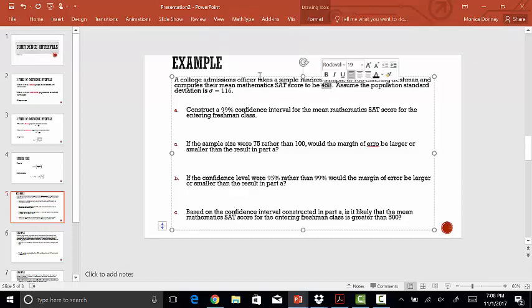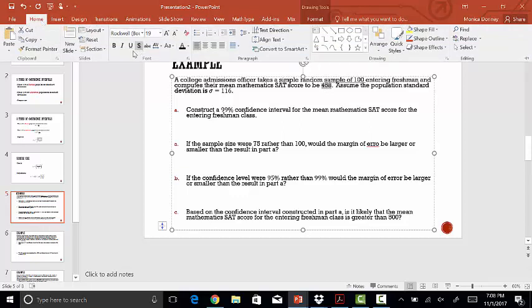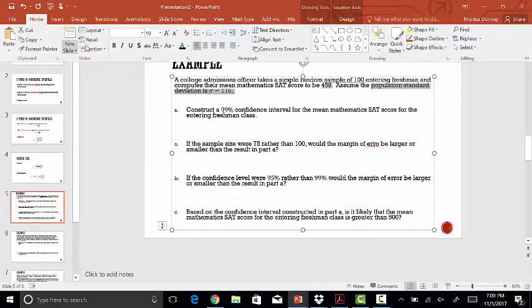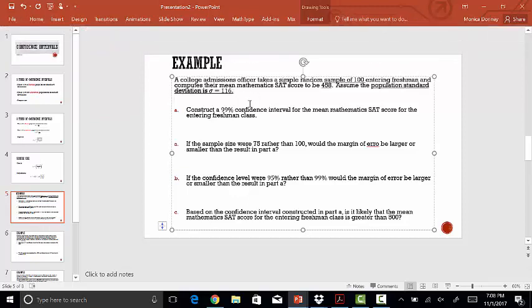So our mean is 458. It says assume the population standard deviation, that's important, is sigma equals 116. So in this problem, they're giving us the population standard deviation. That means I'm working with that very first formula where we have the known population standard deviation.